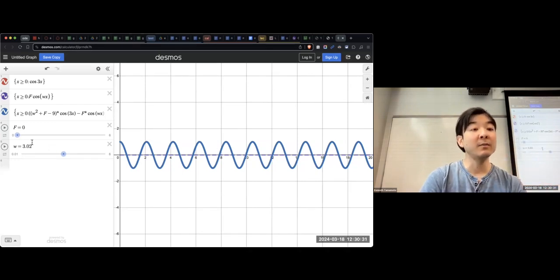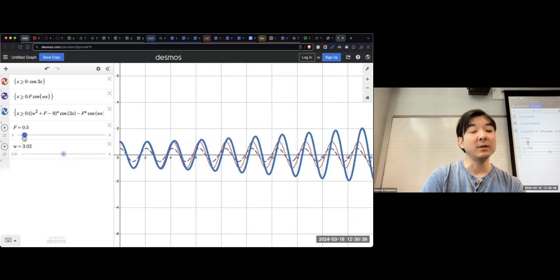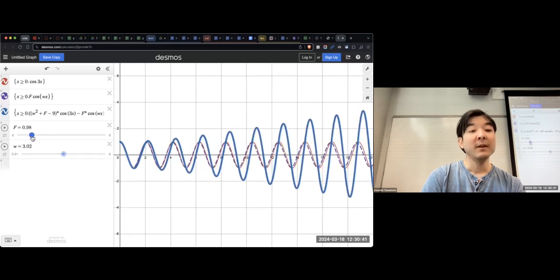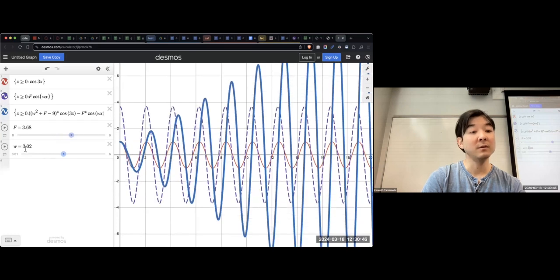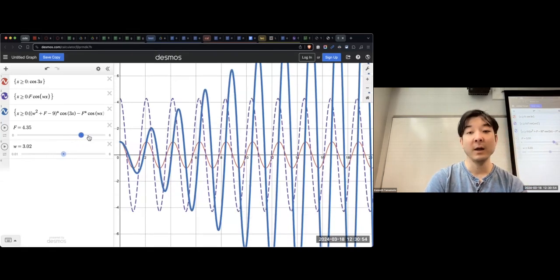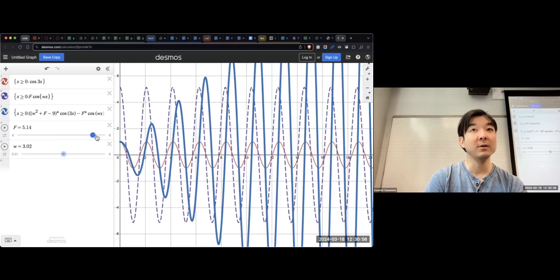And so now your object is just going to vibrate as it would normally vibrate. Now, if you increase the amplitude of your forcing, not the frequency, then it's going to resonate, because your external circular frequency is 3.02, which is close to 3. If it's exactly 3, then it's going to be even better, but it's enough to be close to it. You already see the blue one is blowing up.